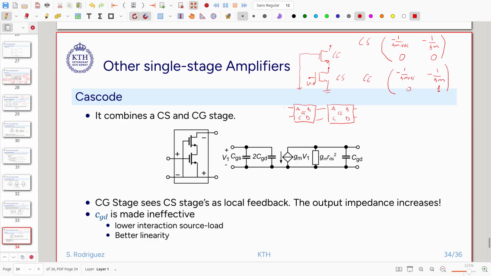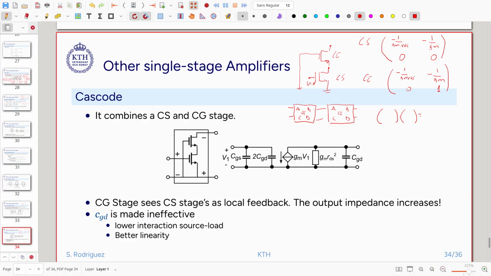Then we will find the resulting ABCD parameters, and that will basically be the matrix multiplication.